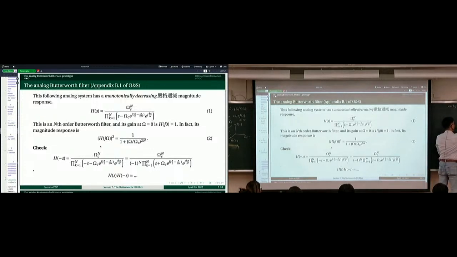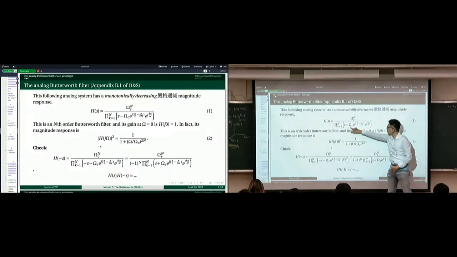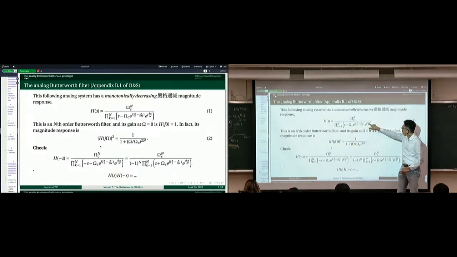So why do we place the poles right here? And they are all equally spaced by pi divided by n. That's the difference in angle.